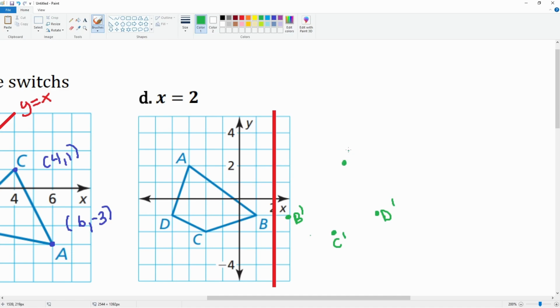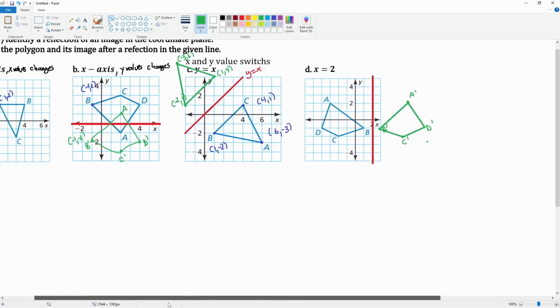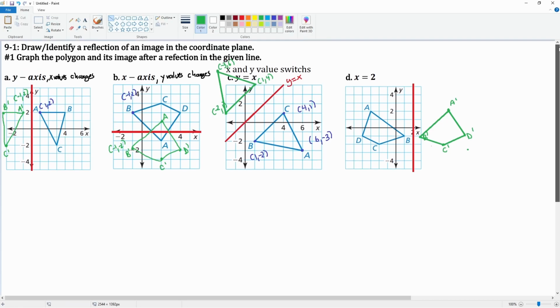You just have to eyeball it, right? It's a little bit off in terms of the axes. So then now we can just connect it. There you go. That would be its reflection over x equals 2. So there you go. These are the ways that you can reflect.